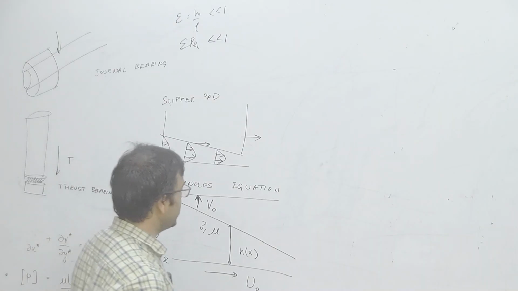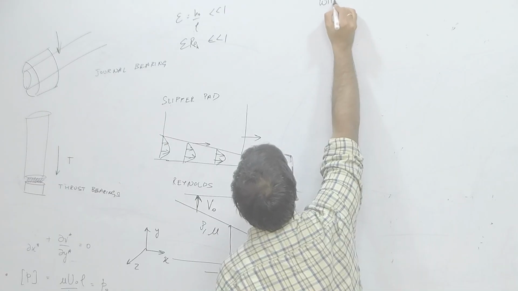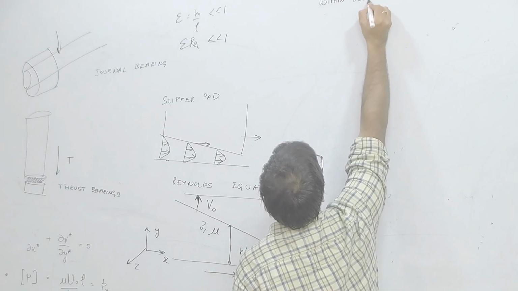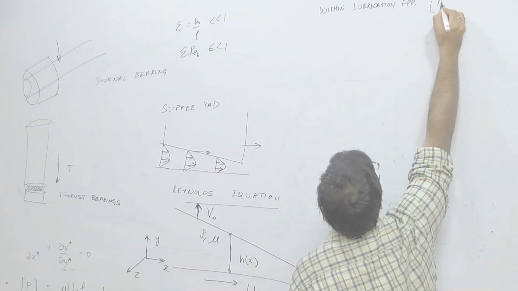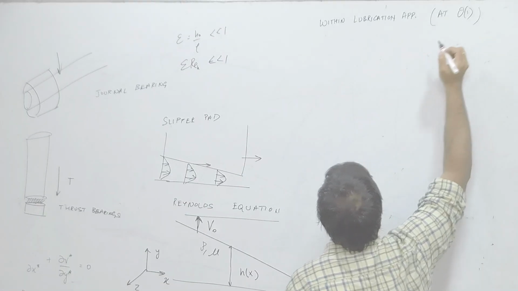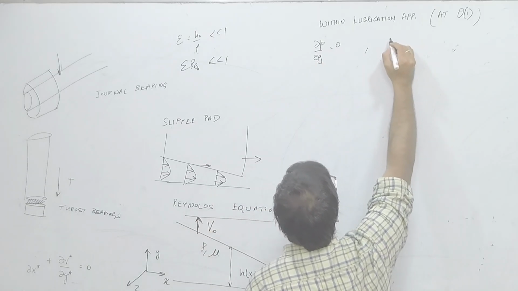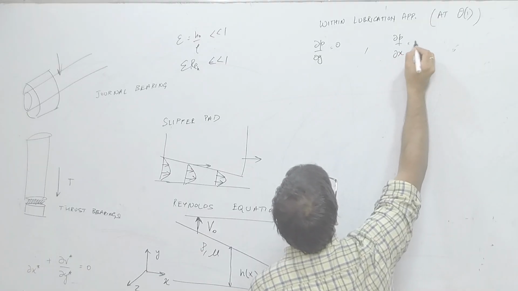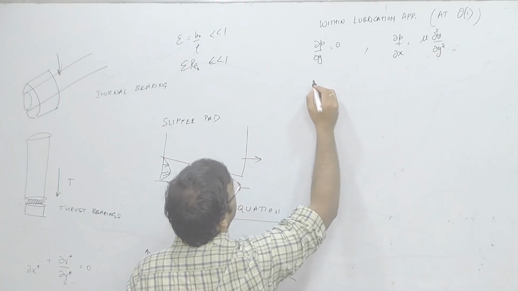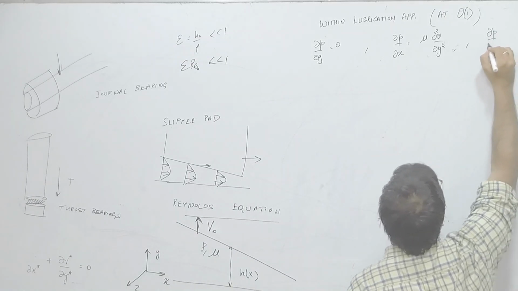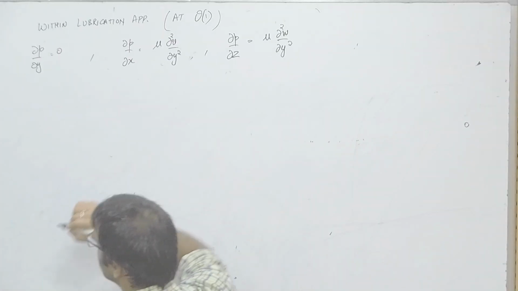We are going to consider a 3-dimensional situation now, and the governing equations within lubrication approximation, at leading order, are: del p over del y is 0, del p over del x is mu del 2 u over del y square, and del p over del z equals mu del 2 w over del y square, where w is the velocity in the z direction.